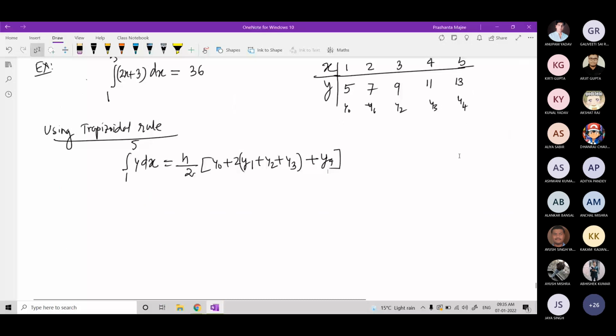h by 2 will be 1 by 2. h is 1 here, the spacing between the x values. y0 is 5, plus 2 times 7 plus 9 plus 11 plus 13.